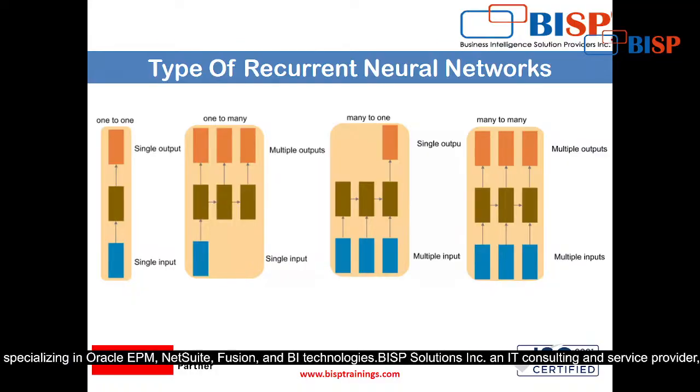For example, if I feed 4 images of one person and the machine gives the name of that particular person, that is also many to one. Then many to many: here there are many inputs, many outputs, and many hidden layers.